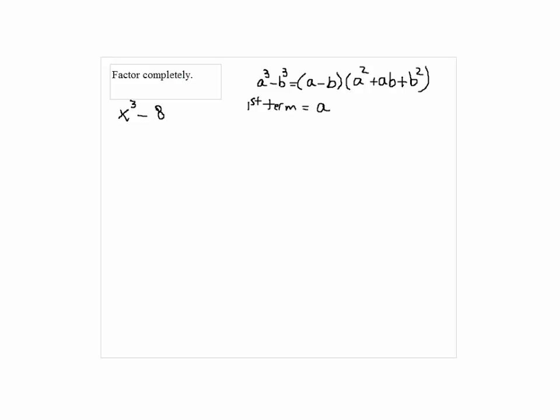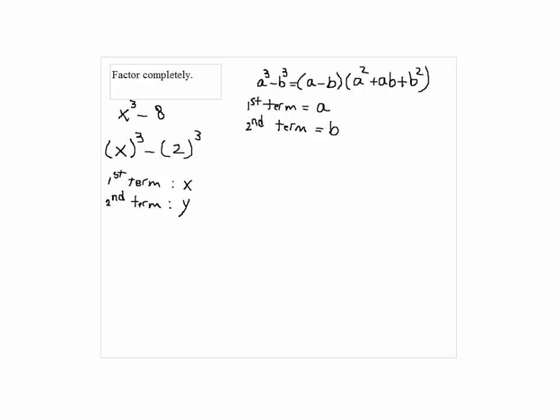Here we have a difference of cubes, that is a minus b times a squared plus ab plus b squared, where the first term is a and the second term is b.